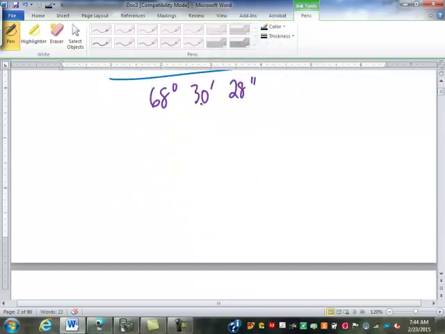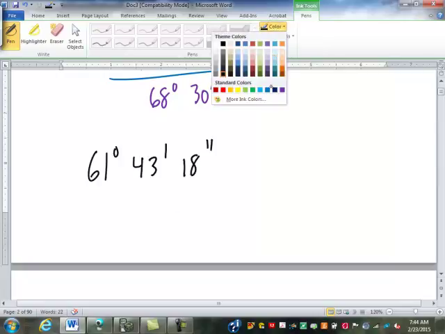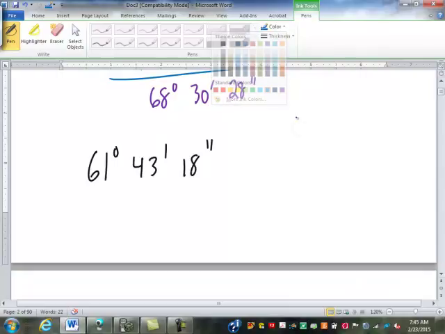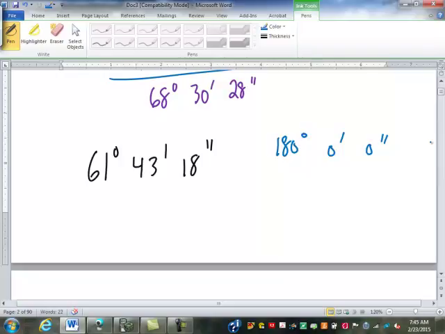So let's have you find the supplement of 61 degrees, 43 minutes, 18 seconds. So again, we add in the 180 degrees, 0 minutes, 0 seconds.